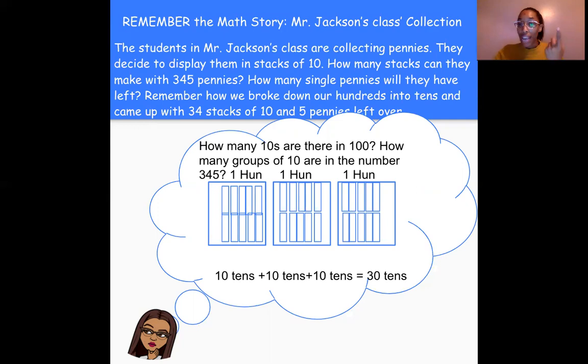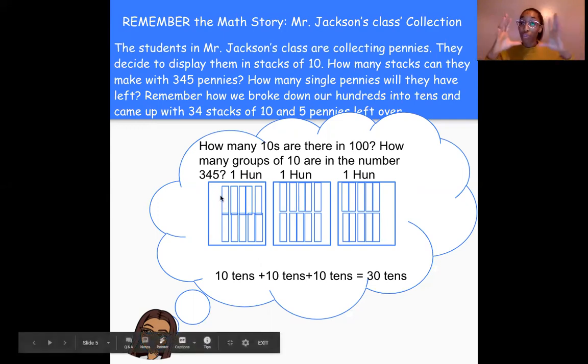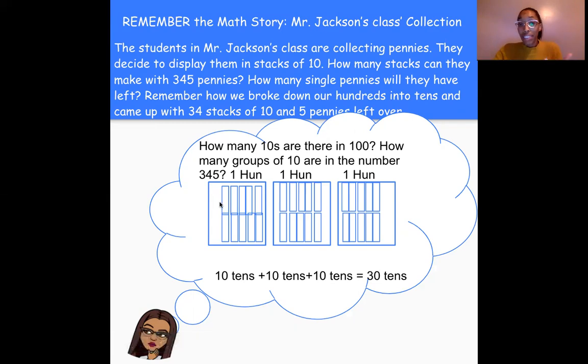We think of those stacks of tens in a group. We just box it, and that's basically the same as 100. So 10 tens made 100, another 10 tens made the second 100, and another 10 tens made the third 100.